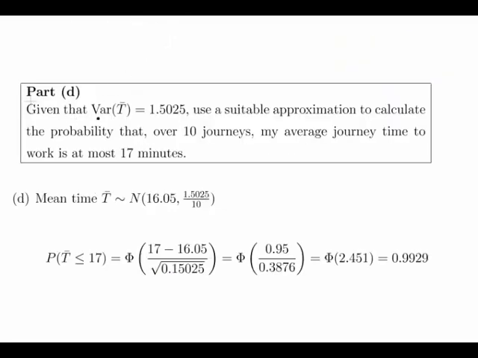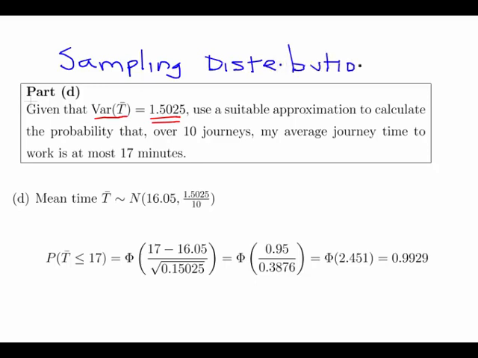Given that the variance of t bar equals 1.5025, use a suitable approximation to calculate the probability that over 10 journeys, my average journey time to work will be at most 17 minutes. So this is a sampling distribution question, really. So we're not asked what the probability of a journey time being less than 17 minutes.